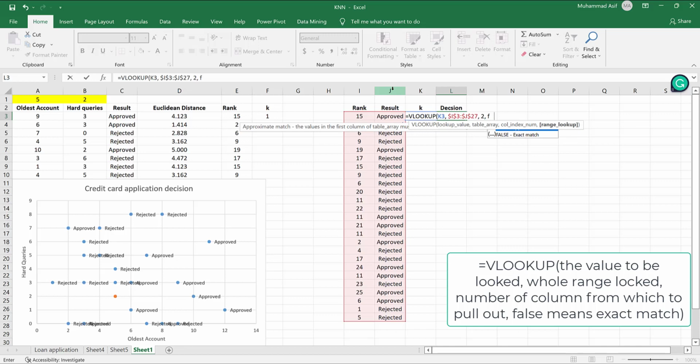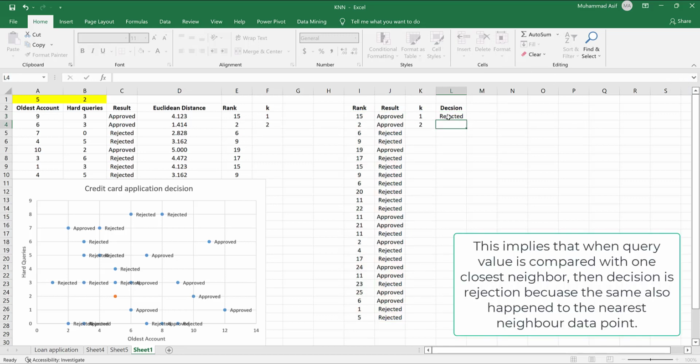So when I enter it, it gives rejected, which means the decision is rejected. And if I move to the next one, it says approved.